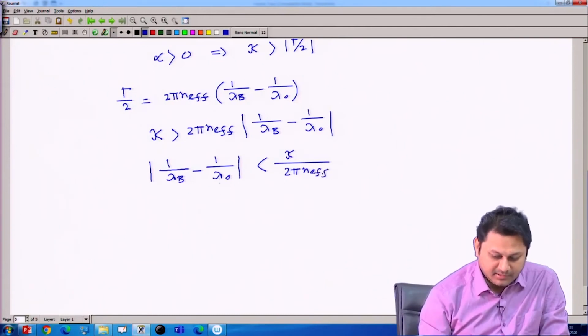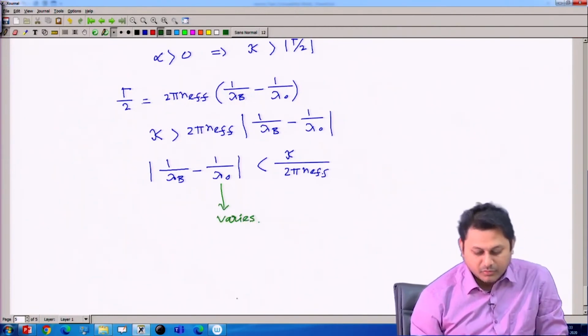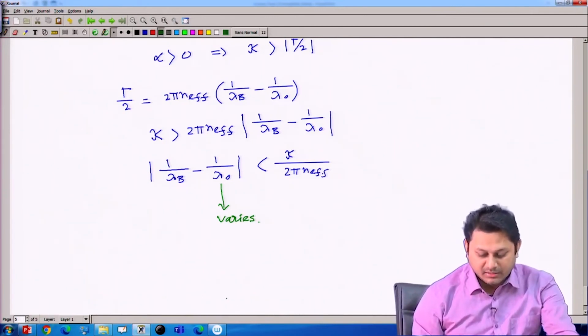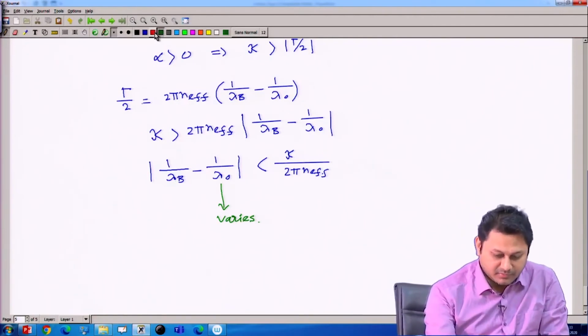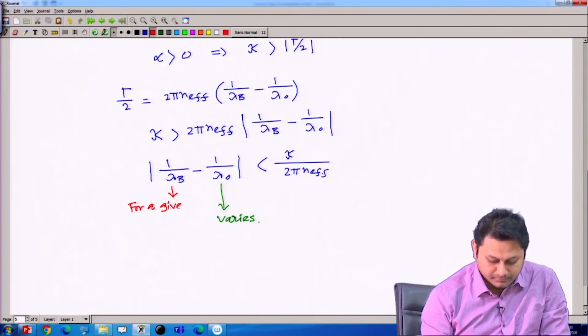So this is the variable, this basically varies. When this quantity varies, there should be a condition; this is fixed, because for a given FBG, lambda b is fixed.